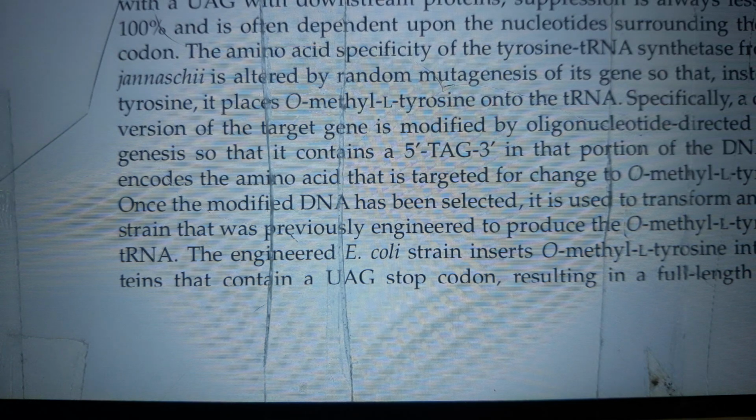The amino acid specificity of the tyrosine tRNA synthetase from M. jannaschii is altered by random mutagenesis of its gene so that instead of tyrosine it places O-methyl L-tyrosine onto the tRNA.